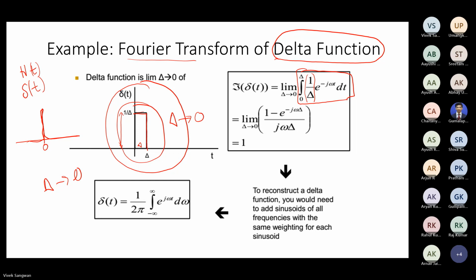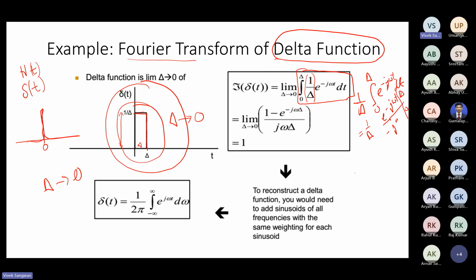So when you are computing this integral, 1 over delta is a constant. You can bring it out. You can just compute 1 over delta, integral 0 to delta, e raised to the power minus j omega t dt. This is a very easy integral. So this is just e raised to the power minus j omega t by minus j omega, from 0 to delta.